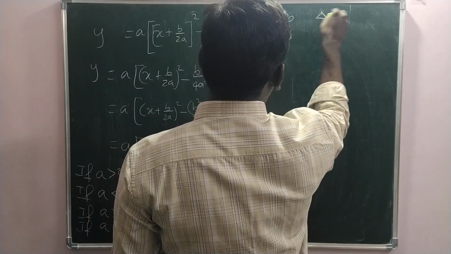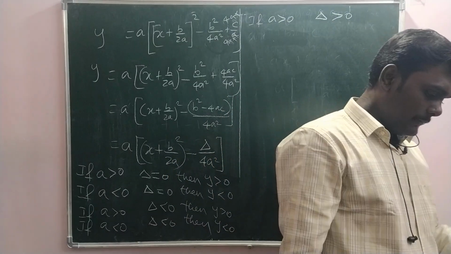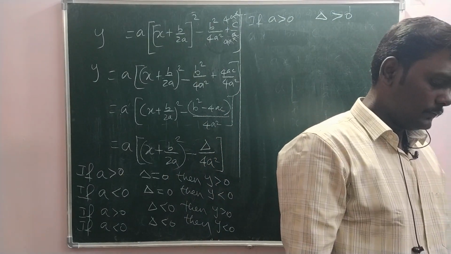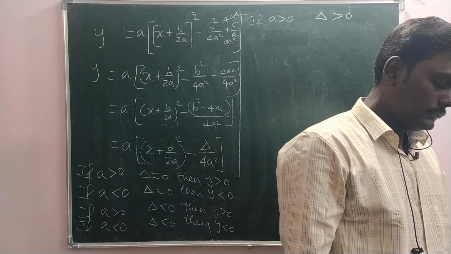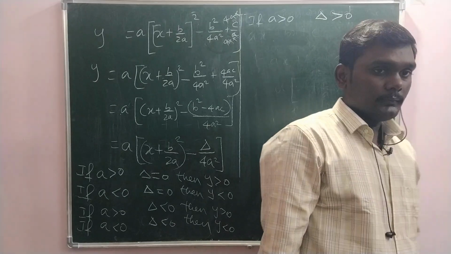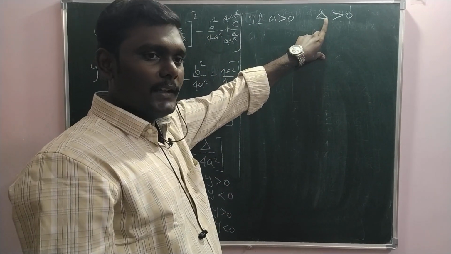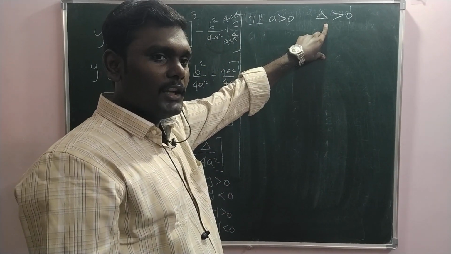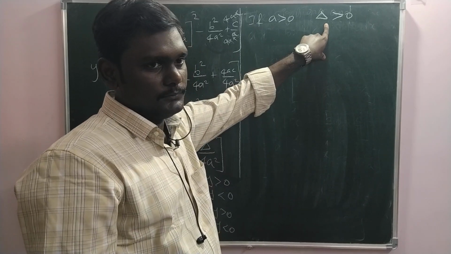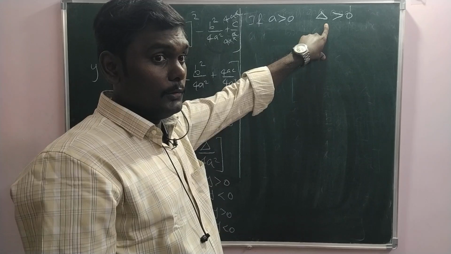A is greater than 0 and del is also greater than 0, then what might be said about positive? Why? See, when del is greater than 0, what kind of roots might we have?